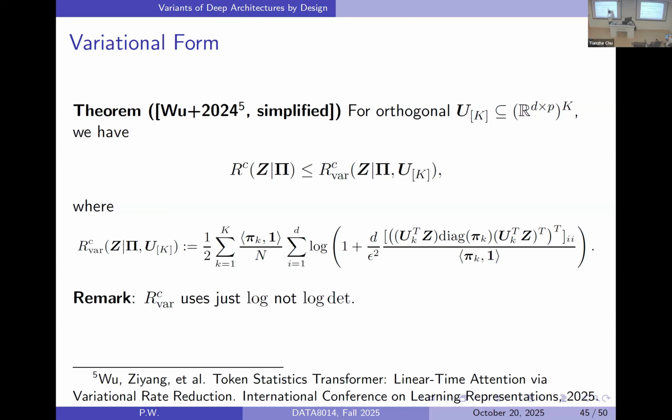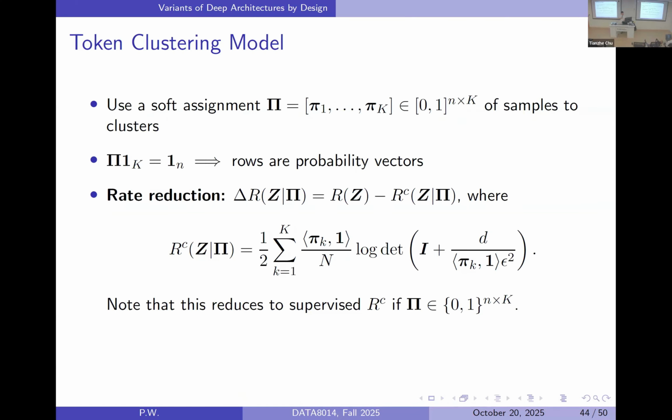This variational form is much more complicated compared to the original form. It has terms like U_k transpose, diagonal of pi_k, U_k transpose, and this is the diagonal elements of this matrix. Sorry, I forgot the ZZ transpose here; there should be a ZZ transpose inside the log determinant.